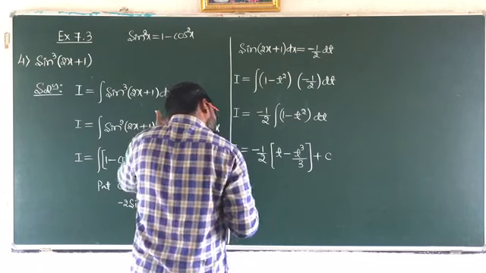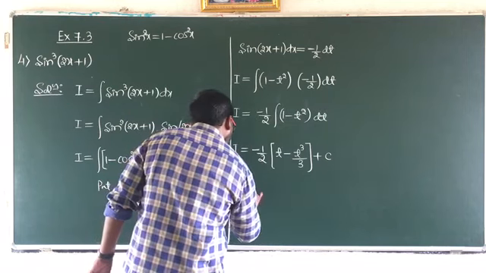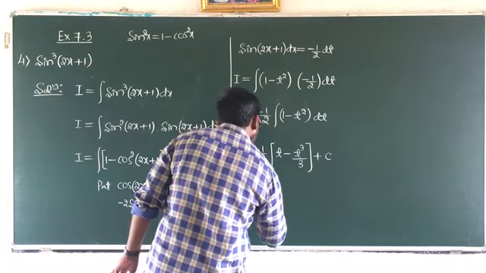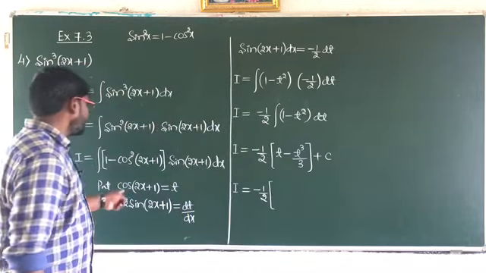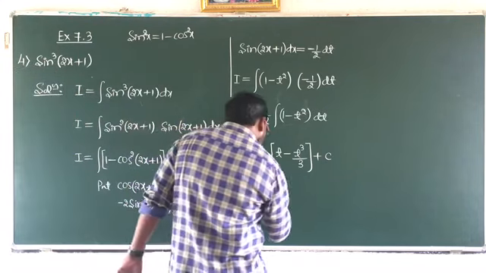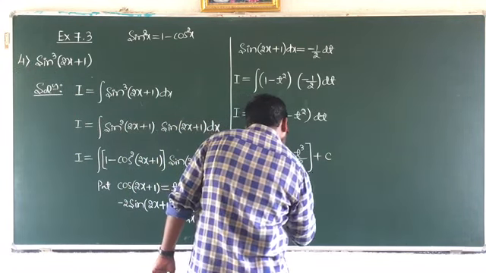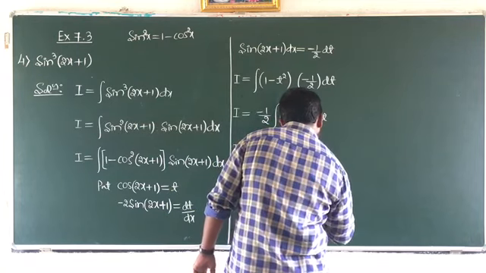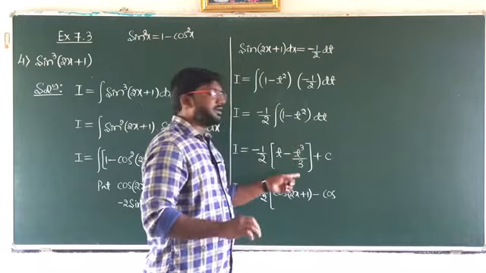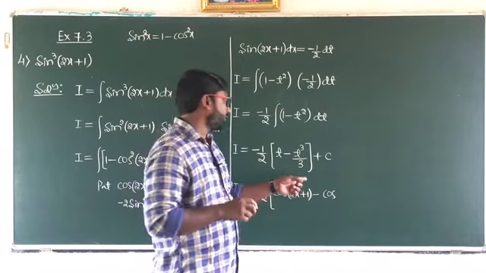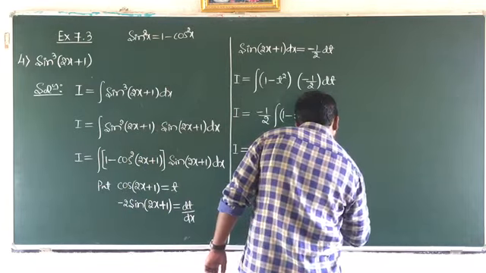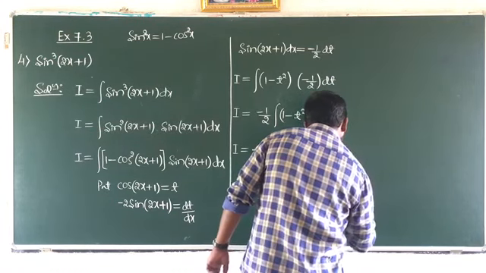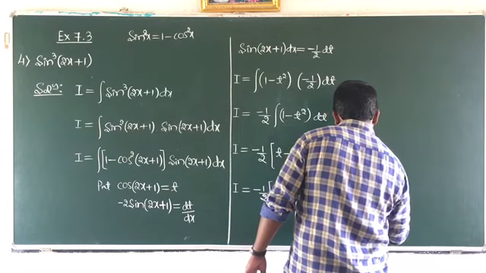So now I is equal to minus 1 by 2 in the bracket, what is t here? t is cos of 2x plus 1. So it is cos 2x plus 1, then minus cos, so here t cube, cos 2x plus 1 whole to the power 3, or cos cube 2x plus 1 divided by 3 plus c.